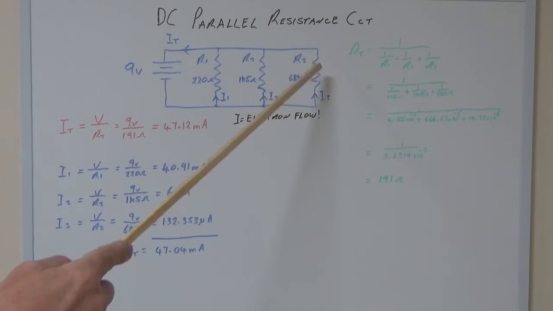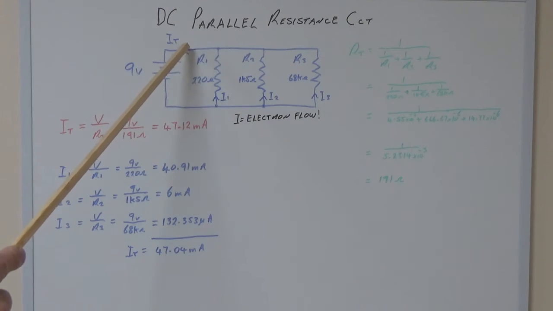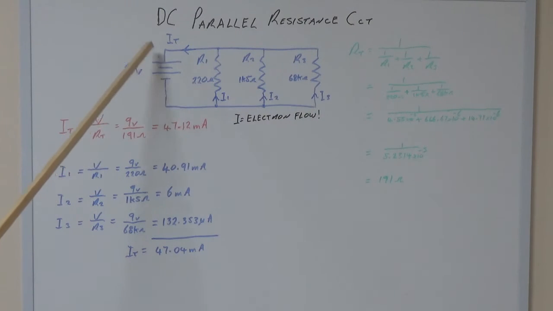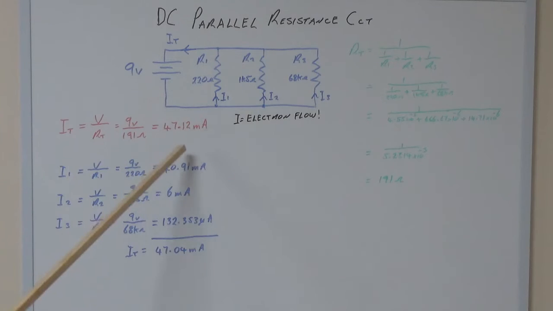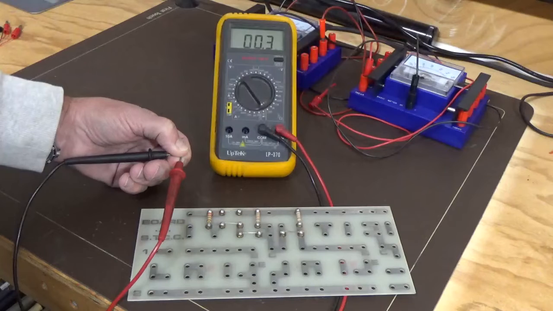If you add all those up, it's all recombining up the top here, and your total current coming back in and also leaving is 47.12 milliamps theoretically, and you saw here that we got 47.84 just through calculation.